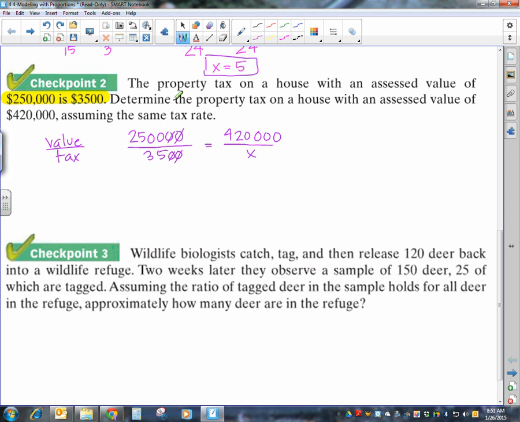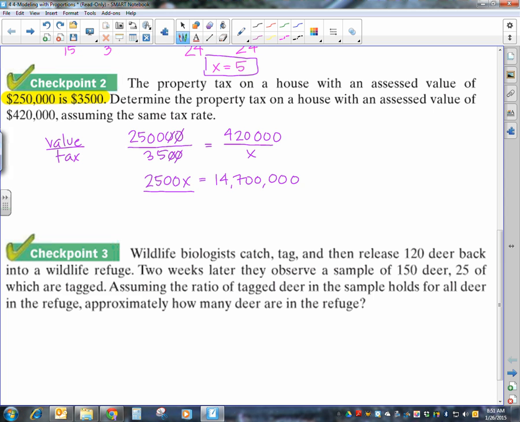So now I'm going to cross multiply, and on the left side I'm going to have 2,500 times x, and on the right side I'm going to have 35 times 420,000, which is 14,700,000.